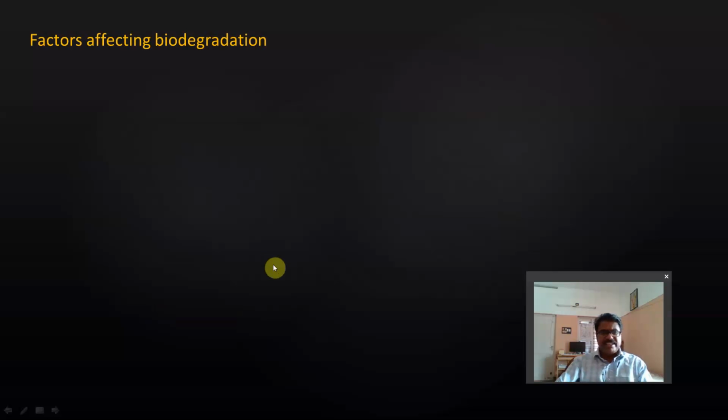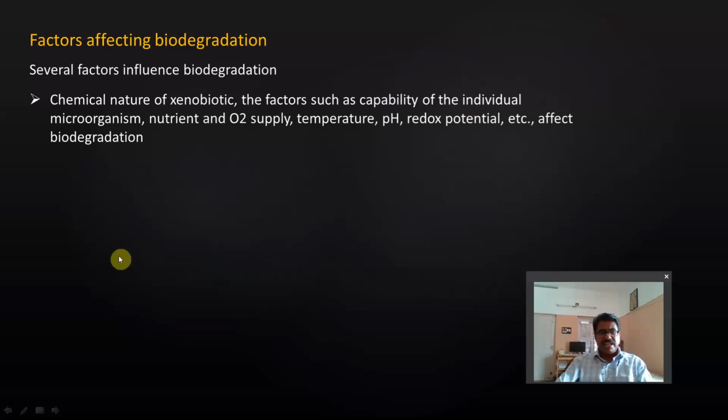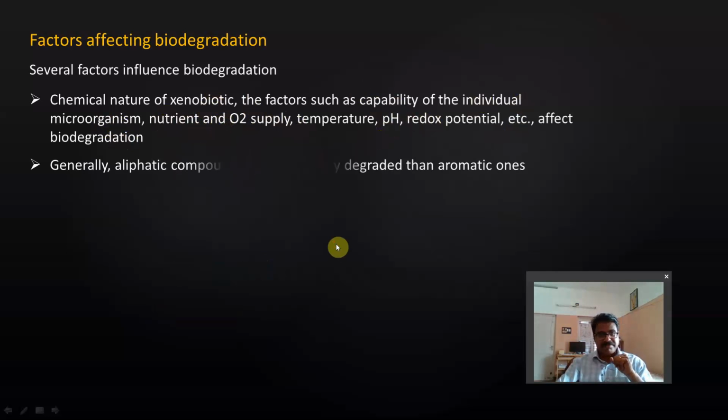And there are several factors which affect biodegradation. One is the chemical nature of the xenobiotic, how this xenobiotic is chemically made up, and also the capability of the individual microorganism that we use for biodegradation. The nutrient and oxygen supply, temperature, pH, and all physical-chemical parameters will affect that.